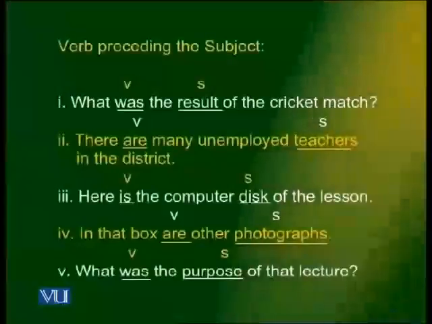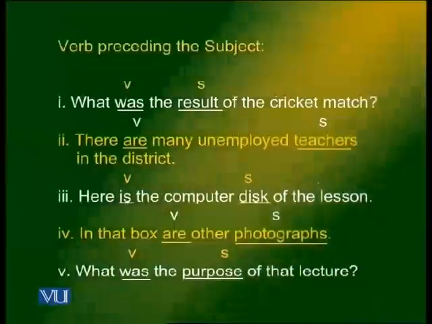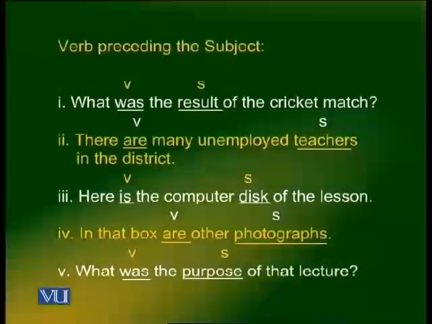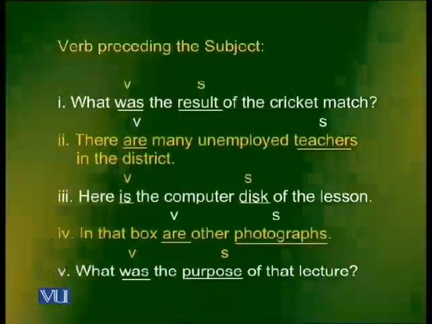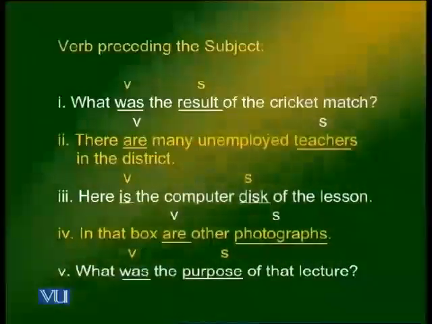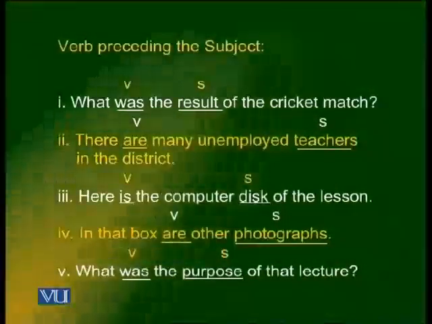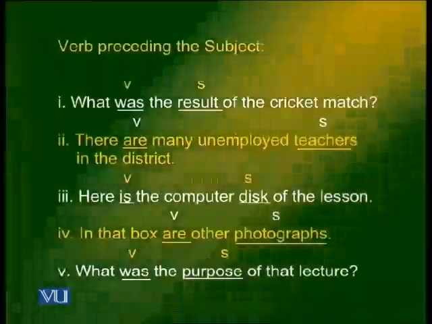There are sentences where the verb comes before the subject, right? And these sentences are usually questions, or they may begin with a prepositional phrase or with word groups with words like here are, there is.